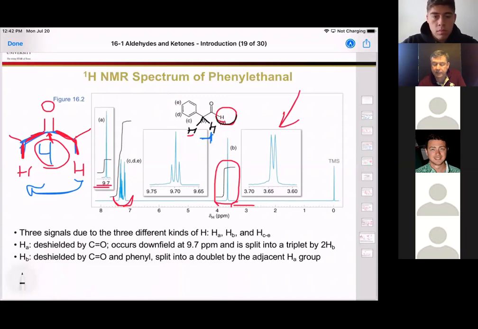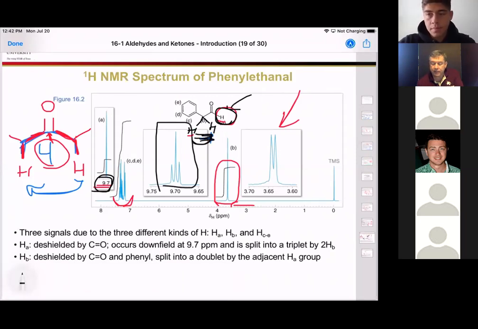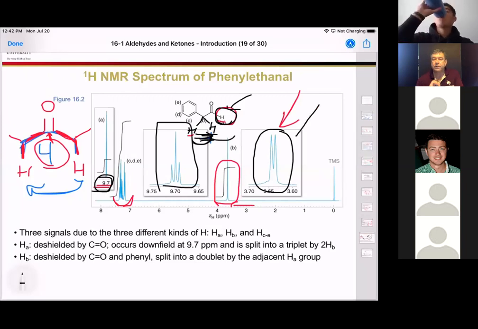So that means this aldehyde is its own peak plus split by this hydrogen and this hydrogen to give us our triplet. So this peak right here is our triplet. It's our aldehyde hydrogen being split by these 2 hydrogens. And then this right here is our methylene hydrogens being split once by the aldehyde hydrogen. Okay, makes sense. Thank you.